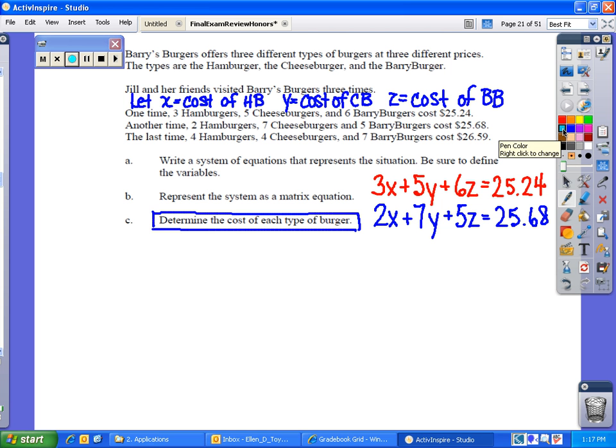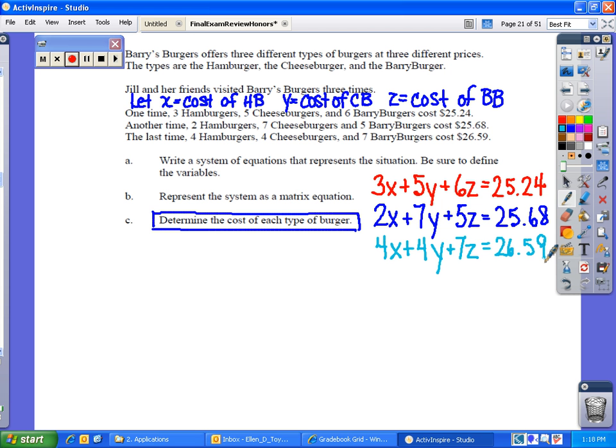And the third time, they got 4 hamburgers, 4 cheeseburgers, and 7 berry burgers at a cost of $26.59. This is our system of equations.